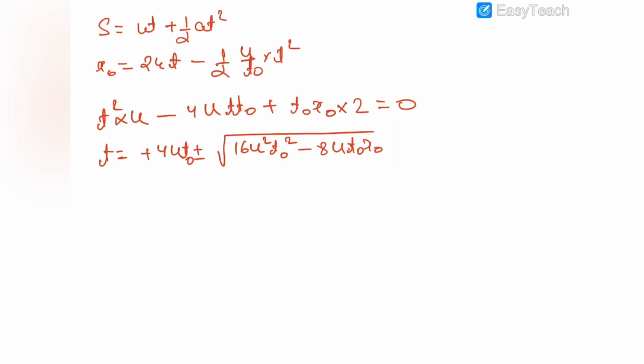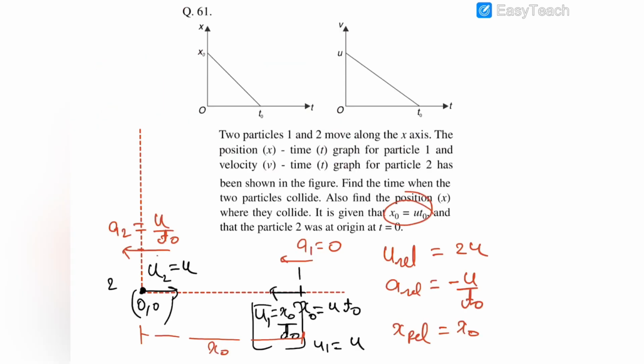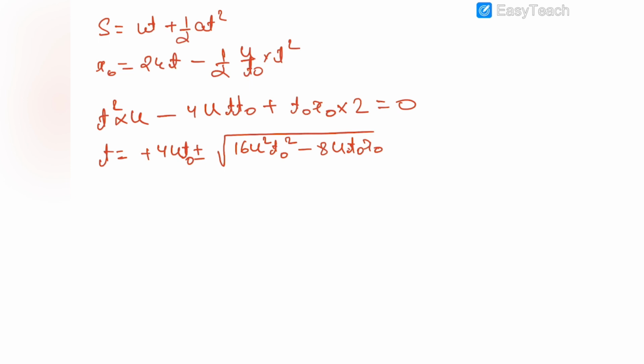Now we know that x naught is equal to u t naught, divided by 2u. So let us eliminate u. First of all, t naught is equal to x naught by u.